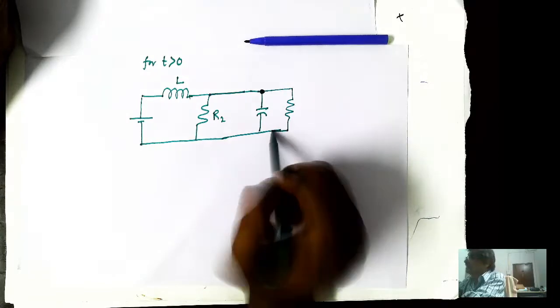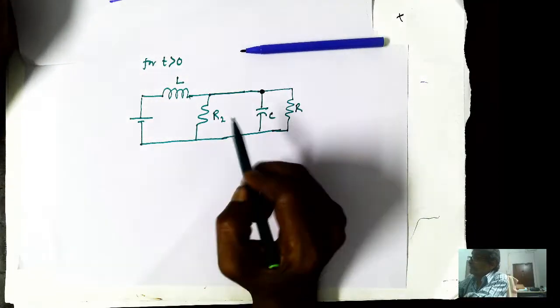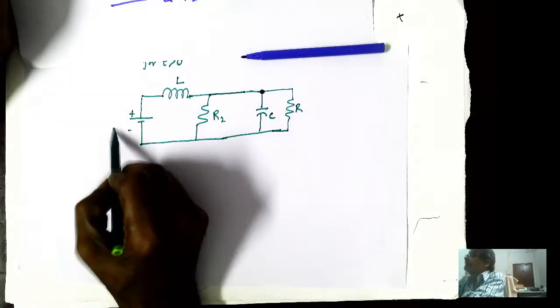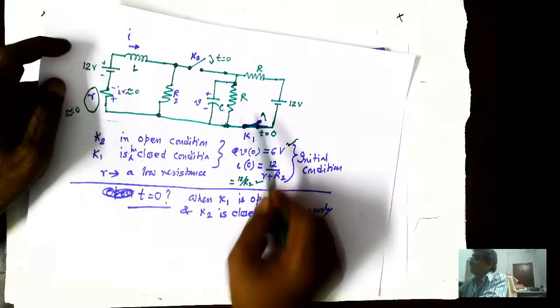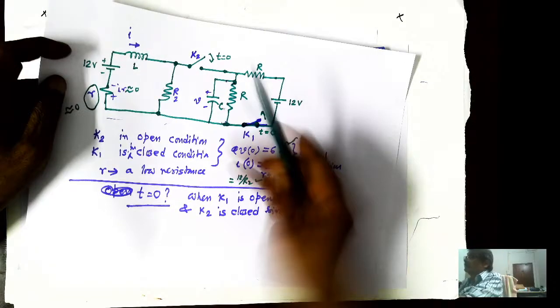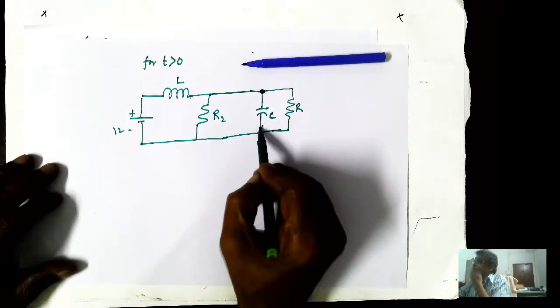This is the R, this is the C, and that's all, plus minus 12 volt. Because K1 is now opened, this R and 12 volt are outside the purview of the circuit now, and it will be like that.